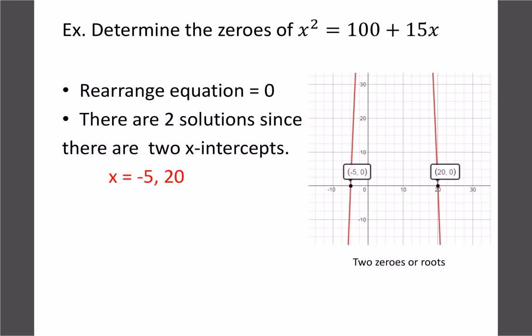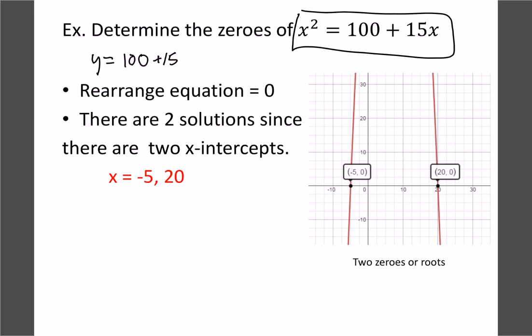Okay, so here's another one with 2. So here's our equation. You can see the equation's not written in equal to 0 form. So that's usually all you have to do, is rearrange it so that it's equal to 0. The easiest way is just bring the x squared over. So you could graph 100 plus 15x minus x squared. That would work. Or if you wanted to bring everything over the other way, you'd go x squared minus 15x minus 100 equal to 0.